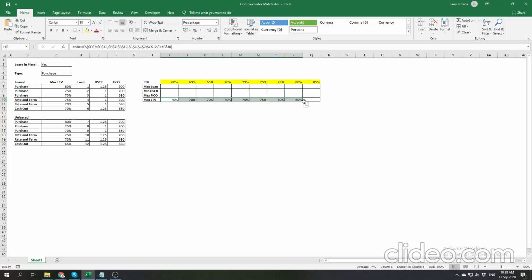Well, what about this? It's 0% because it cannot find 85% on this range and cannot find any value that is greater than or equal, that is greater than 85%.